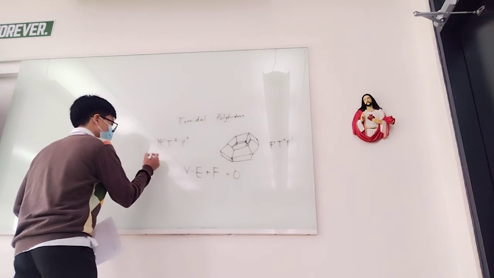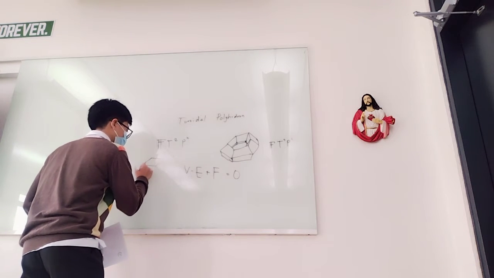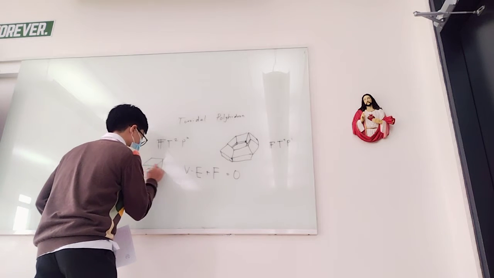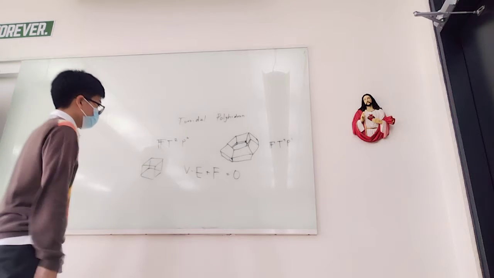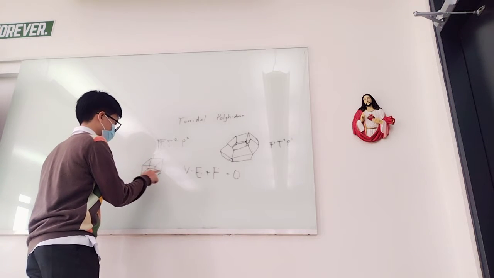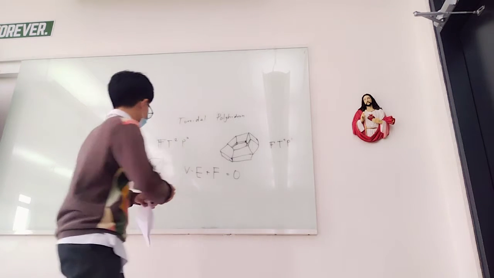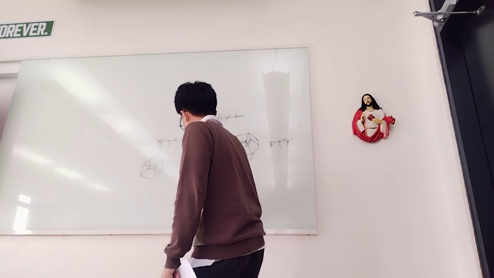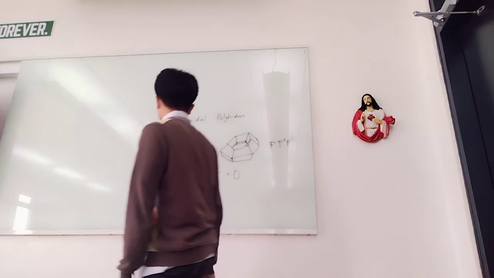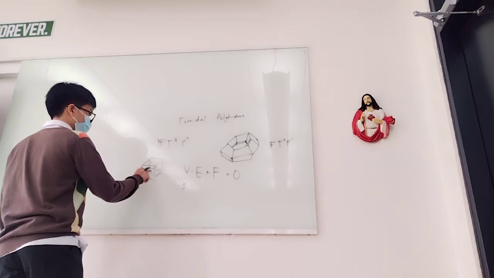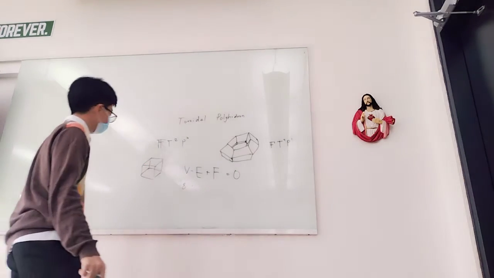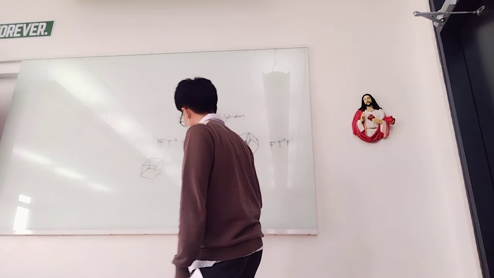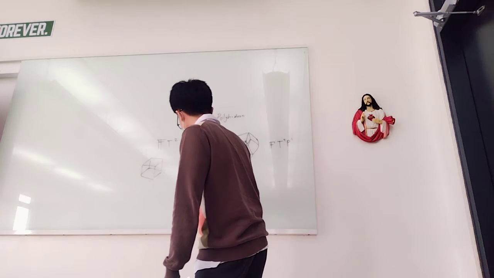So let's say we have a cube here, a very simple polytope. So we know it has 1, 2, 3, 4, 5, 6, 7, 8 vertices. And then it has 1, 2, 3, 4, 5, 6, 7, 8, 9, 10, 12 edges.